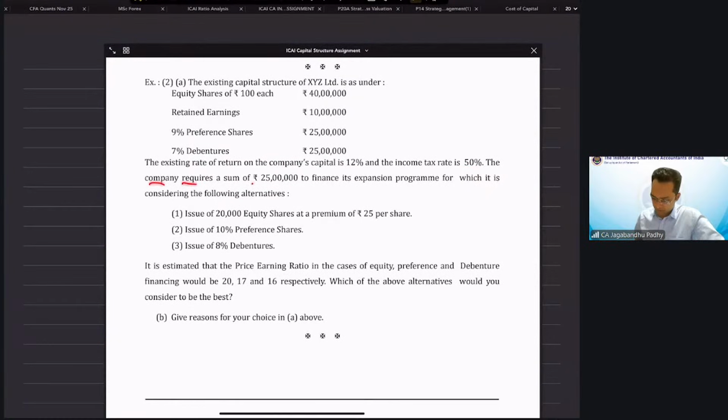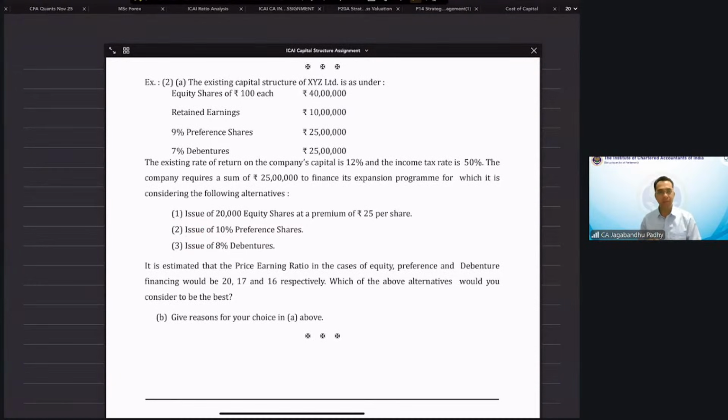The company requires a sum of 25 lakh to finance its expansion program, for which it is considering the following alternatives: issue of 20,000 equity shares at a premium of rupees 25 per share, issue of 10% preference shares, and issue of 8% debentures.